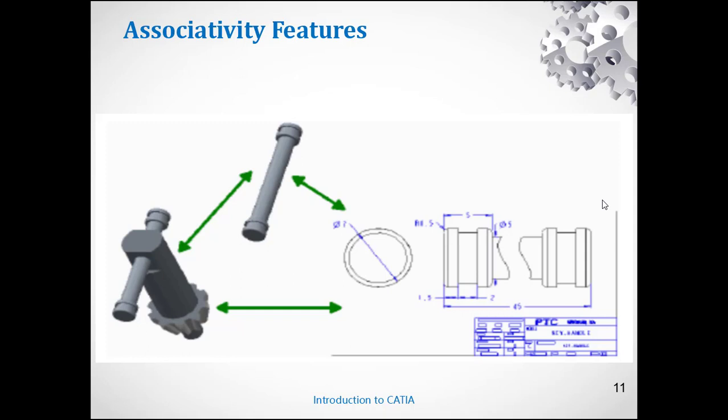So if I open the part design environment and make any changes in the length of the rod or diameter of the rod or any other thing, then it will automatically be updated in the assembly, and it will automatically be updated in the drafting as well, which has made our work easier, and our time is also saved.